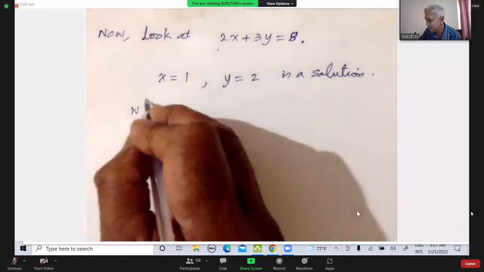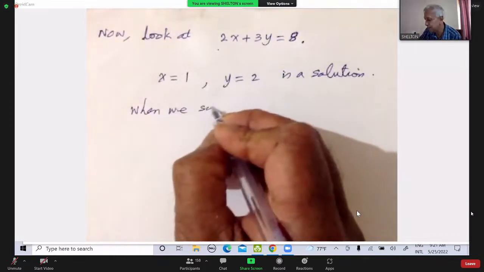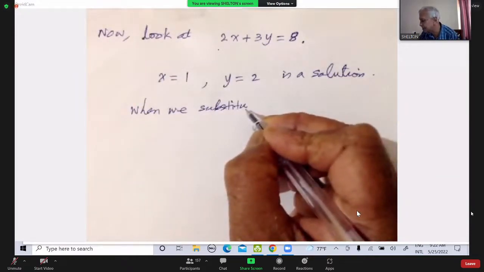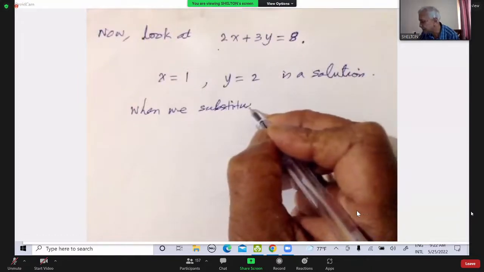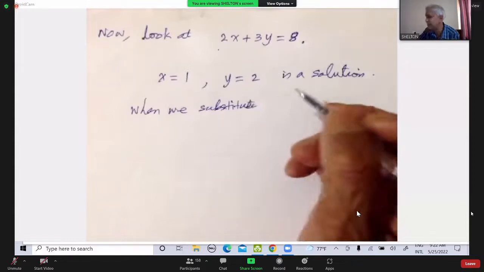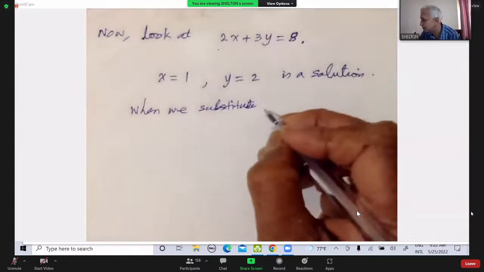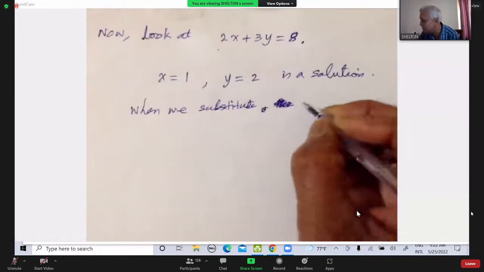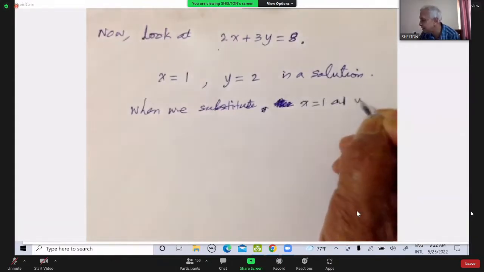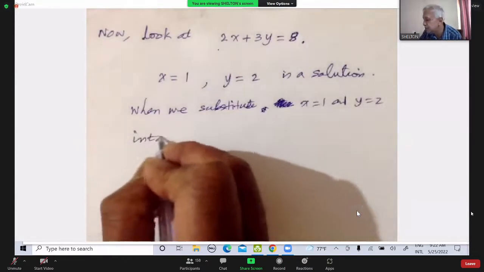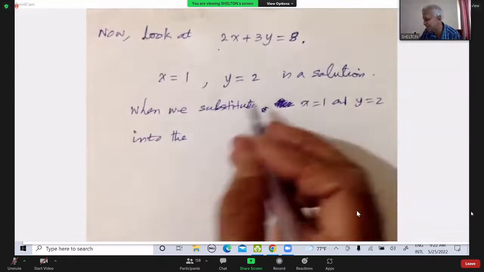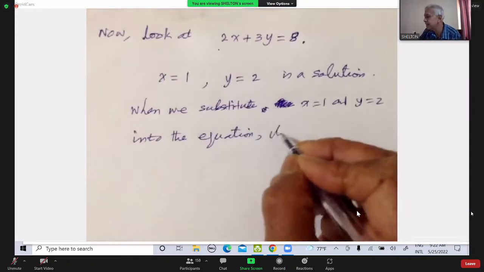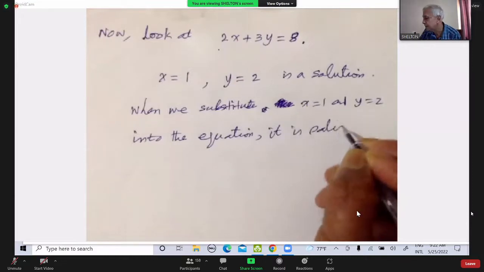When we substitute x equals 1 and y equals 2 into the equation, it is satisfied.